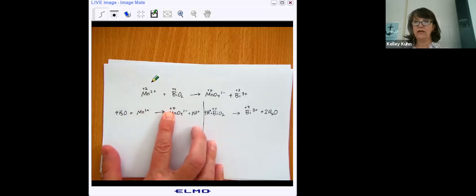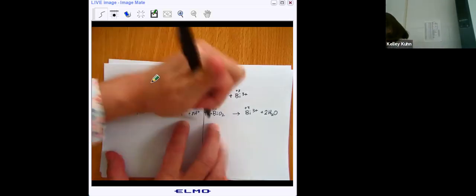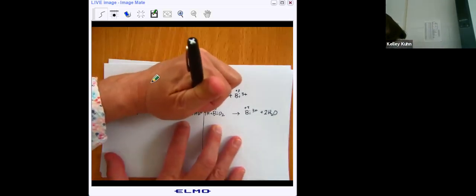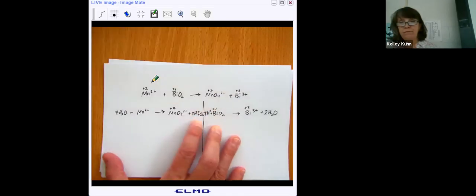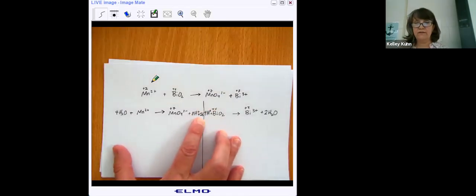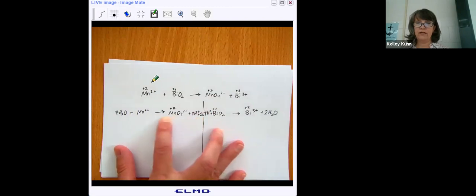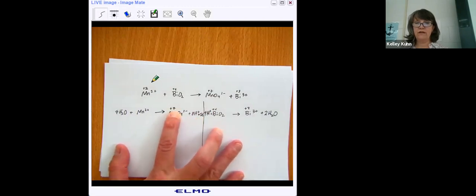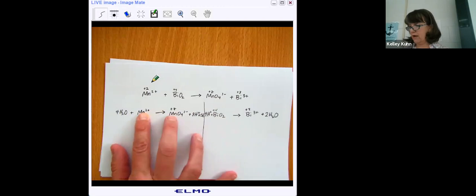If each electron is -1, how many electrons will I need? I'll need 5, right? If I add 5 electrons here, the 5 electrons are negative, so 5 negative ones, you add that to the +7, I'm at +2, which is what I need my oxidation numbers to equal out to.